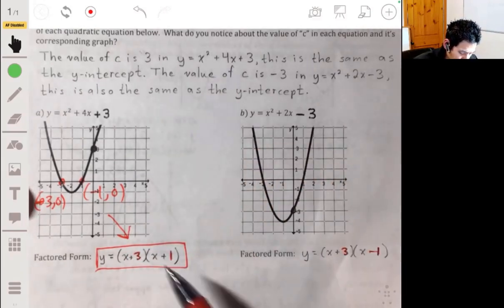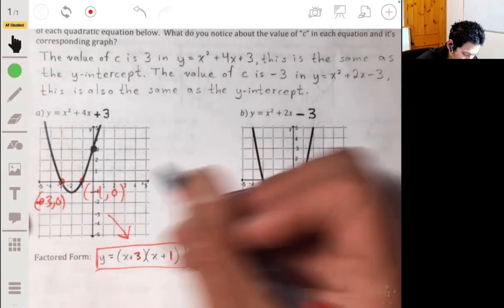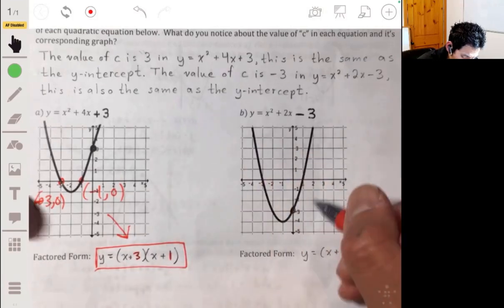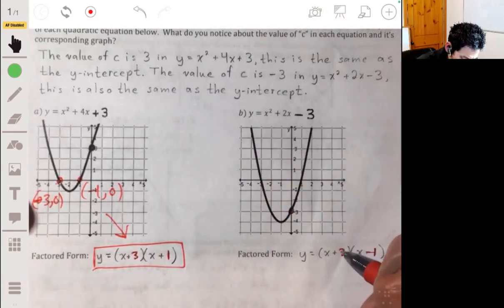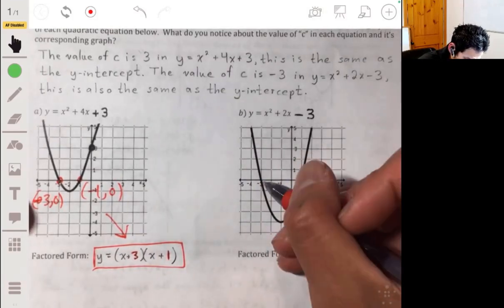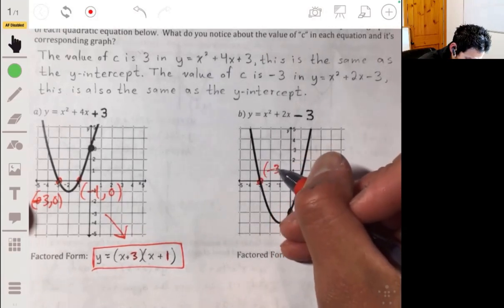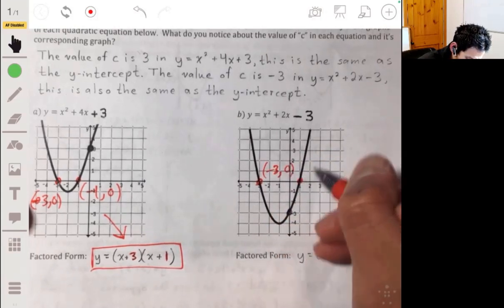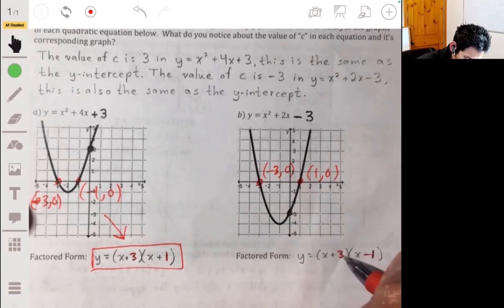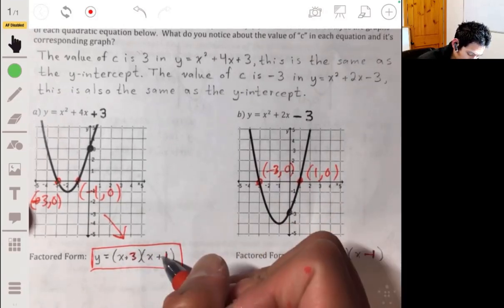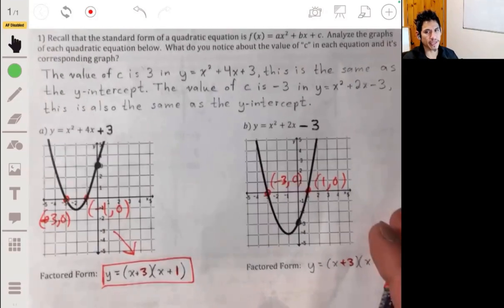And here we have +3 and +1. Looking at this one, +3 and -1, we got -3 over here, and +1 over here. So yeah, you get the picture.